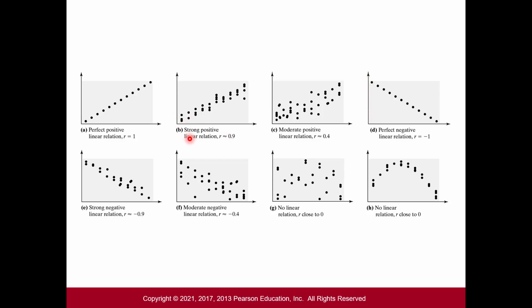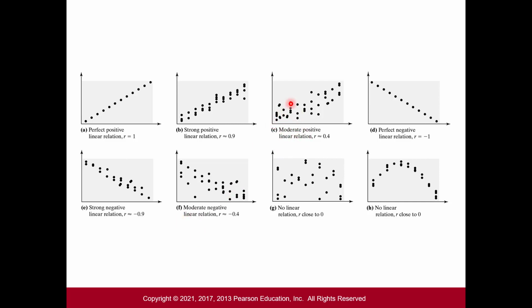We have in part B and part E strong positive and negative linear relations. So it's not exactly this perfect relation, but it is very strong. r is about 0.9 or -0.9 in these two. And then we have in C and F moderate linear relations. So this one's positive, this one's negative.